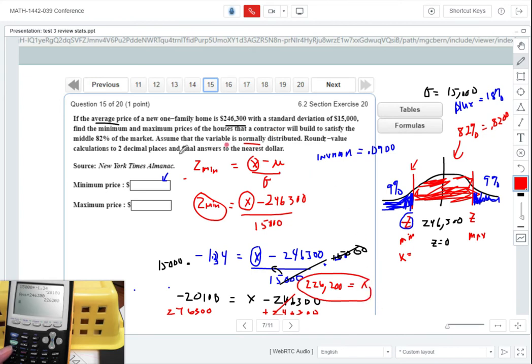So the smallest, the minimum price range is $226,200. Remember, that's the average. So we found this number, that the minimum price is that.